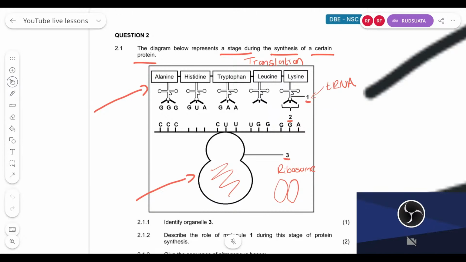That was my other clue. And number 2 is pointing to what should be hanging off the edge here, which is the anticodon.